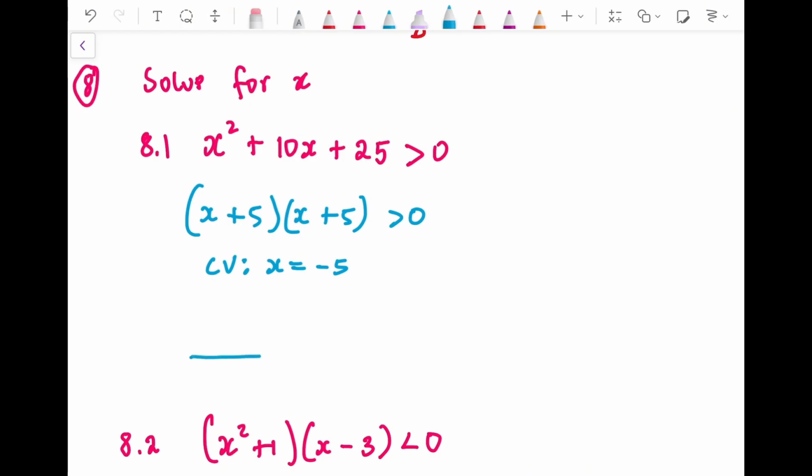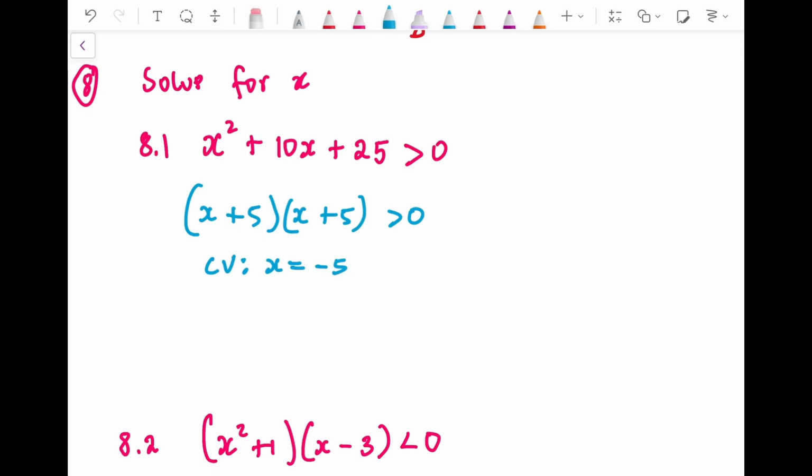So if we draw our parabola, it will touch the x-axis at only one point, or have only one root. Here I can't even shade, it's not included.